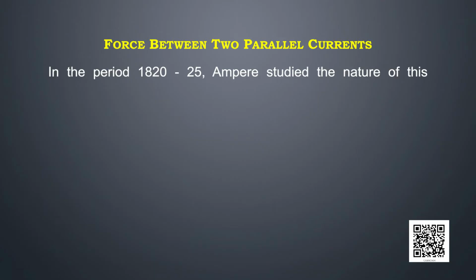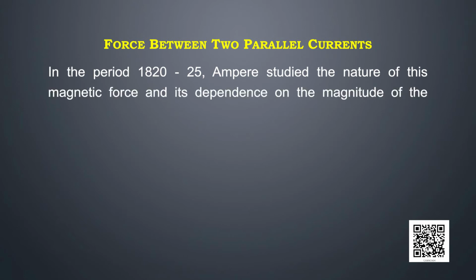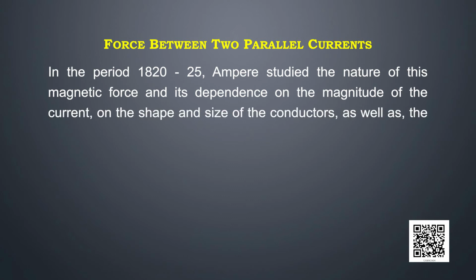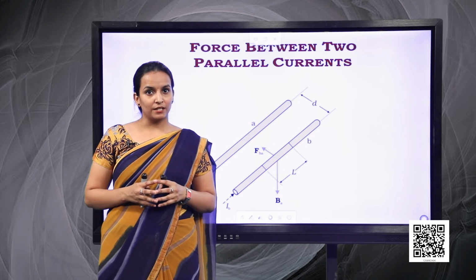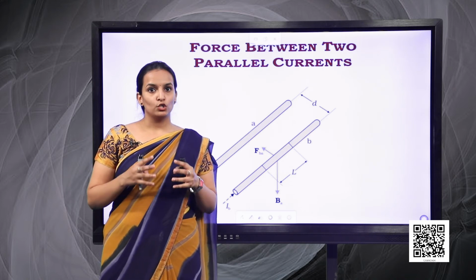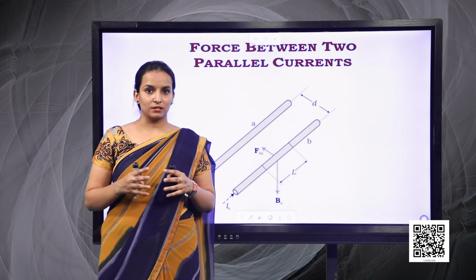In the period 1820 to 25, Ampere studied the nature of this magnetic force and its dependence on the magnitude of the current, on the shape and size of the conductors, as well as the distances between the conductors, and it is something remarkable. Now, we shall take the simple example of two parallel current carrying conductors.